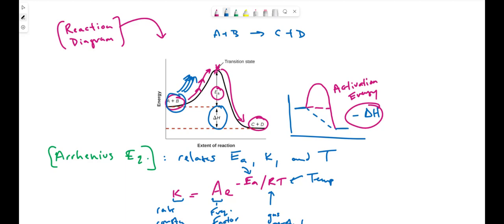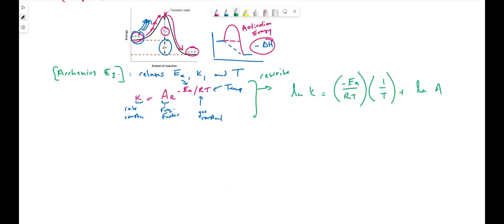And if I forgot to mention, the E here is Euler's E, so that is the exponent E that we're used to using in algebra. So it's convenient to sometimes write the Arrhenius equation in its natural log form. Since this is Euler's E, the exponent E, we can take natural logs of both sides of this and get rid of that exponent. And so you get a form of the equation that looks like this. I'm not going to show you that; you should be able to do that algebra, so make sure you pause the video and work that out.